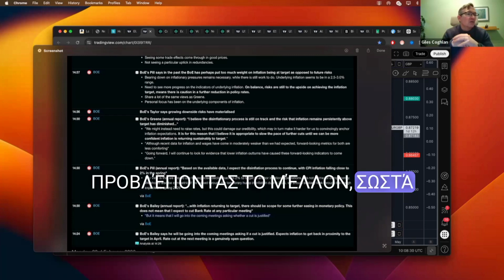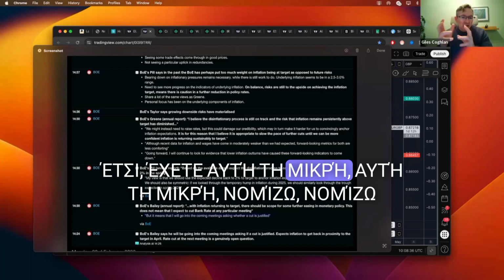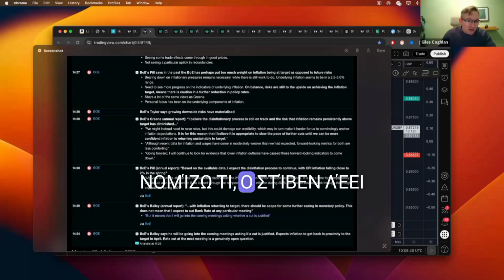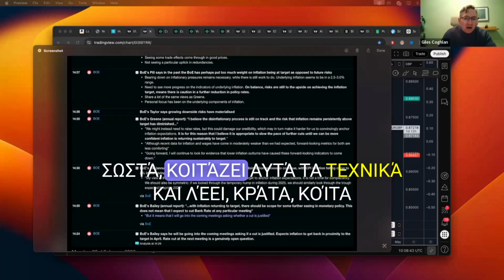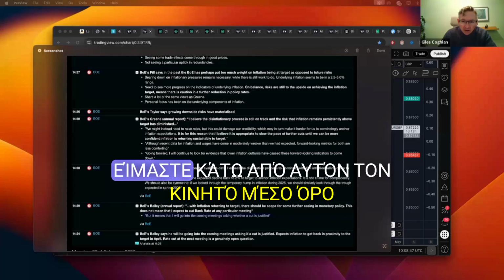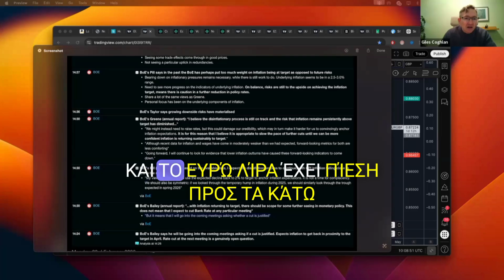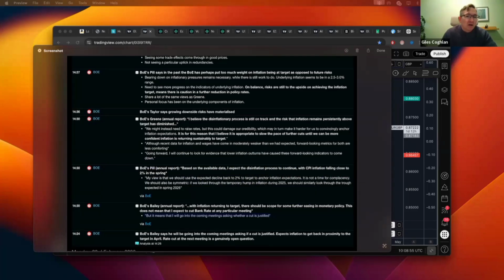Forward-looking, right? So you've got this slight tension. I think what Stephen is saying is he's looking at these technicals here and saying, hang on, we're going underneath this moving average, and euro pound has got pressure to the downside.